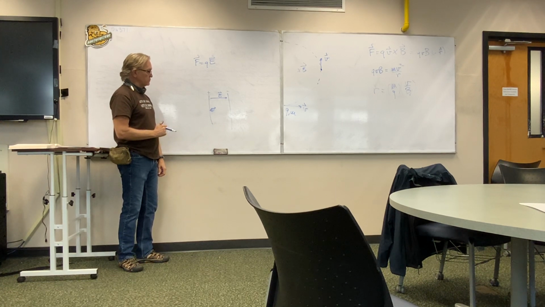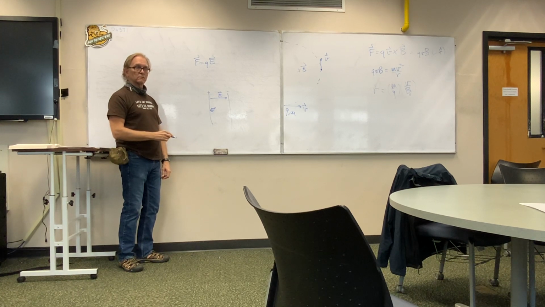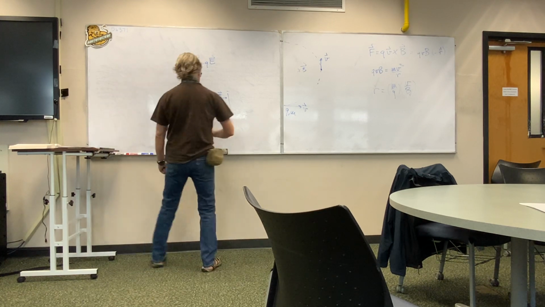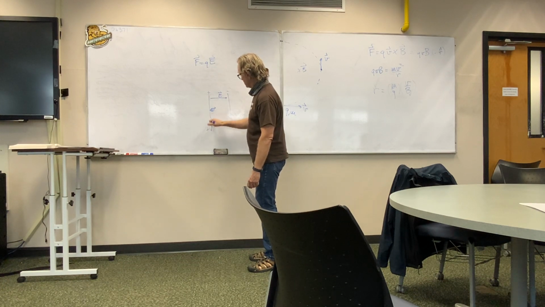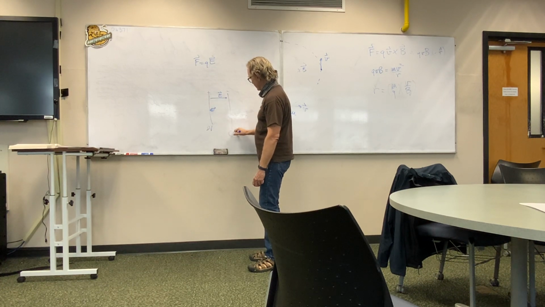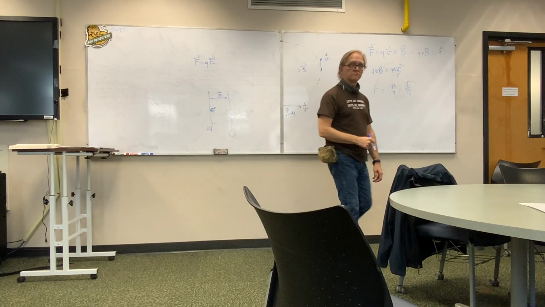Where's my voltage going to be high? Where's my voltage going to be low? Like voltage or negative, low or positive. So this has got to be high voltage. Electric field points in the direction of decreasing voltage.